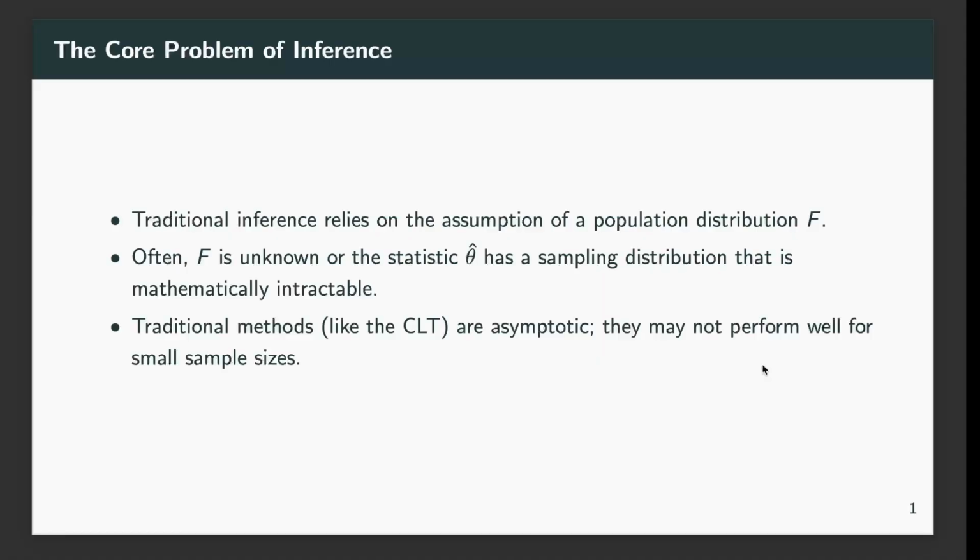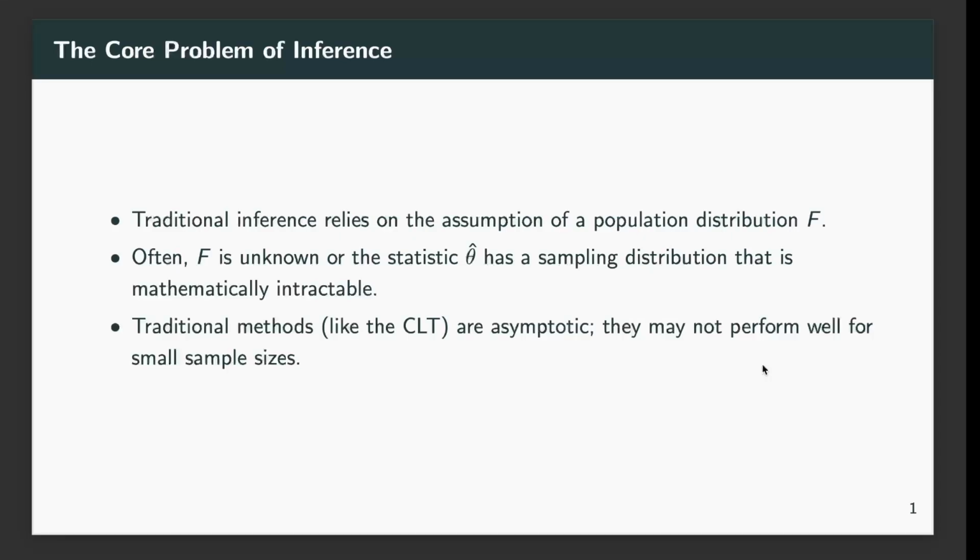When we set up a statistical model, we usually postulate that the observed data come from some family of distributions. For example, we might assume that X follows a normal distribution with some unknown mean and variance sigma squared. Or we might assume that count data follow a Poisson distribution.